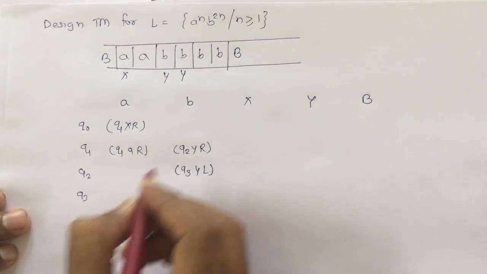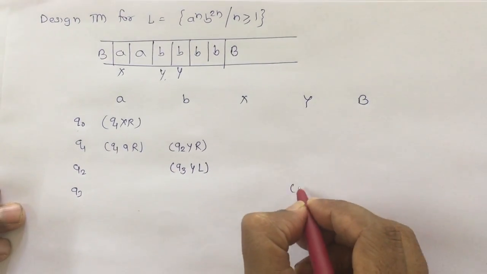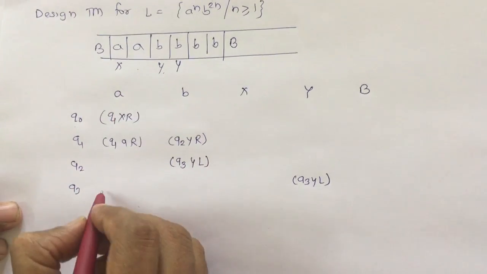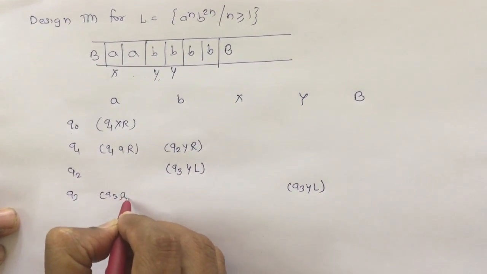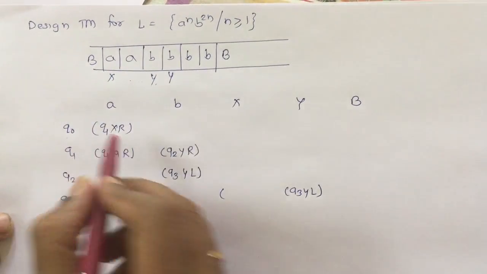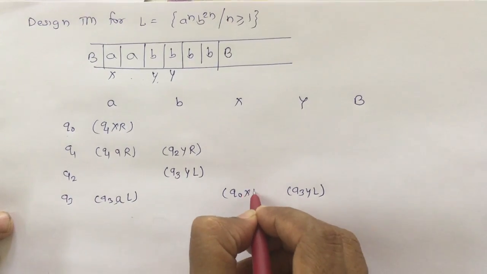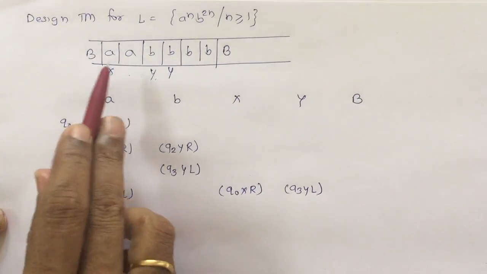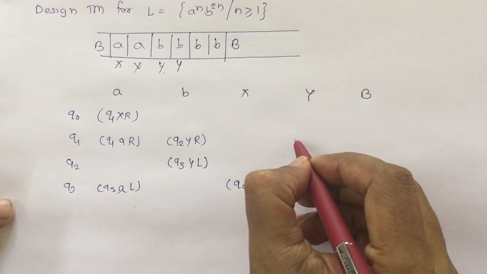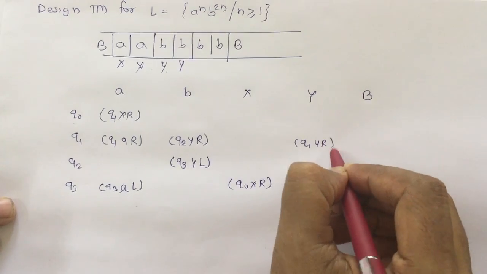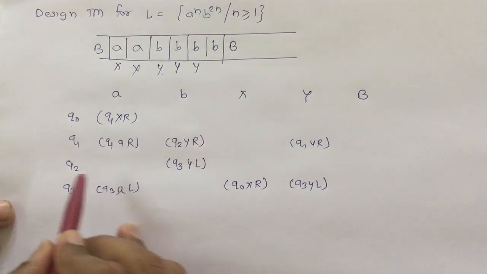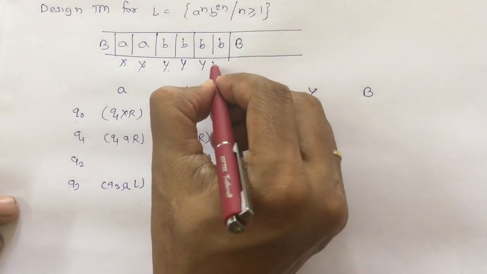While coming back, Q3 Y L, and then we got A, so Q3 A L. Q3 X, as we replaced A by X, enters Q0 only: Q0 X R. So Q0 A again, Q1 X R, Q1 Y skipped.